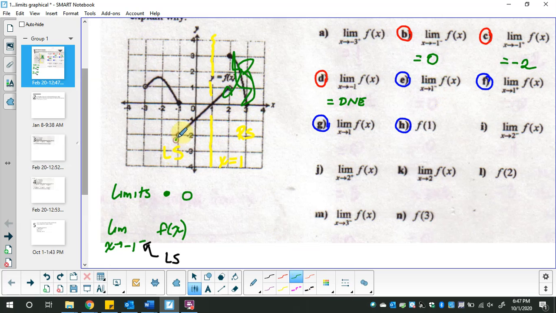We travel along, travel along, and we bump in right there. I realize it doesn't have a dot or an open circle, but there is a value there. It's a tiny dot, so that you have a bunch of little dots that make this line. So it's actually this situation, and that has a y value of 0.